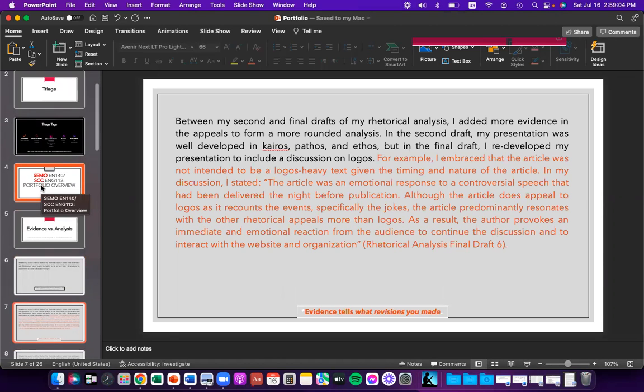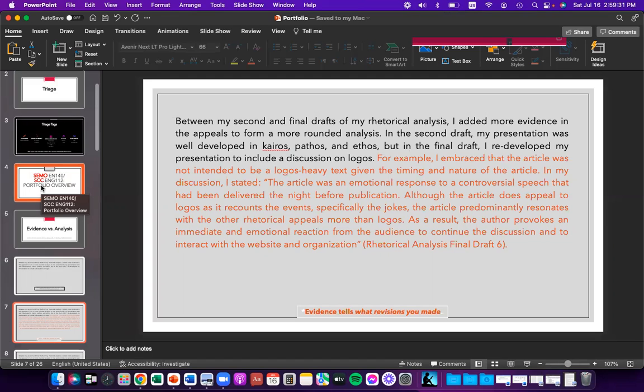All right, so the orange is now what revisions you're making. For example, I embrace that the article was not supposed to be logos heavy given the time and nature of the article. And I added this to my essay. The article was an emotional response to a controversial speech that had been delivered the night before publication.